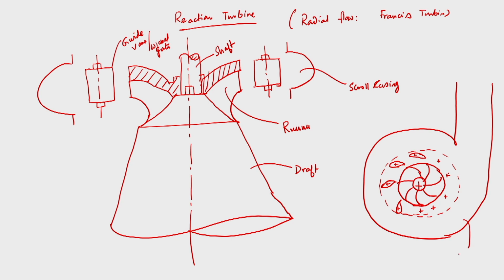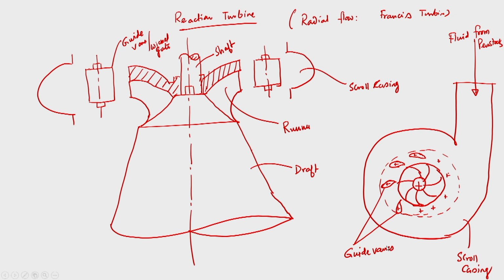So this is the scroll casing. This is the schematic. Here fluid is coming from the penstock. These are called guide vanes, and this is of course the runner.